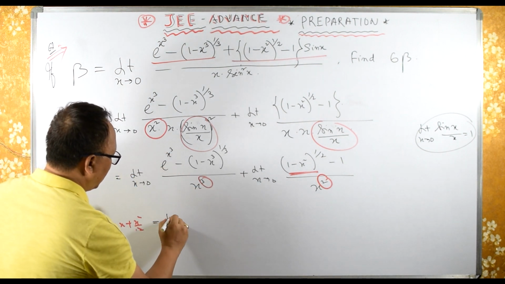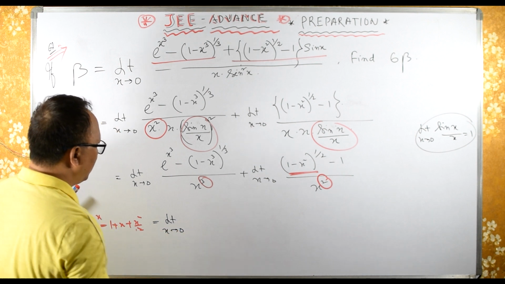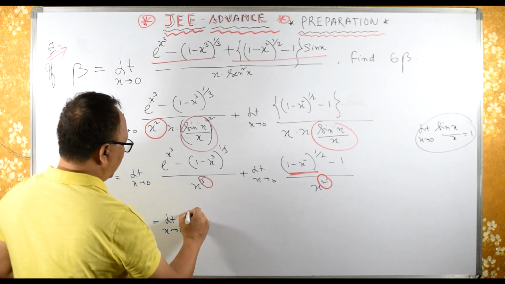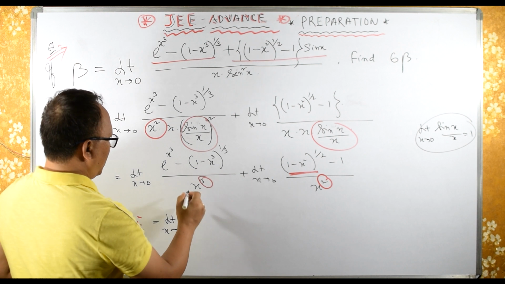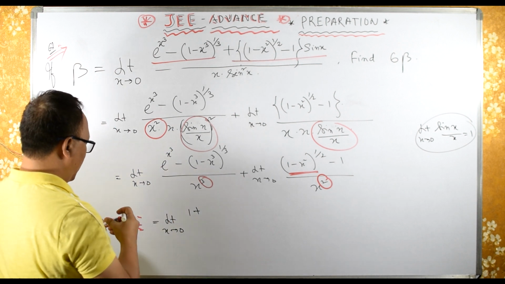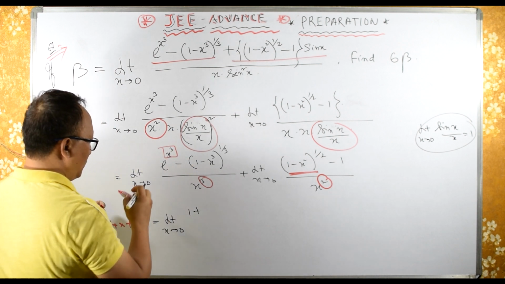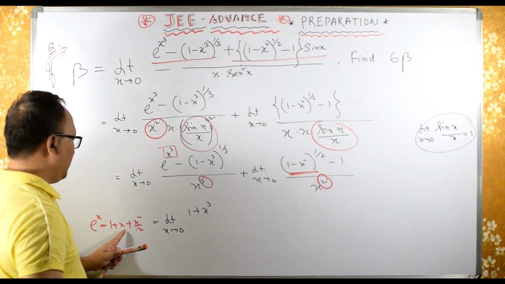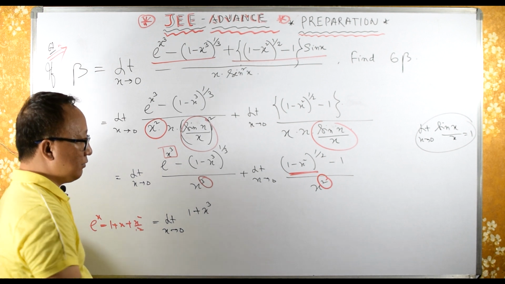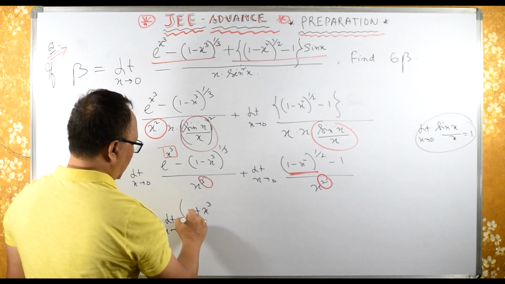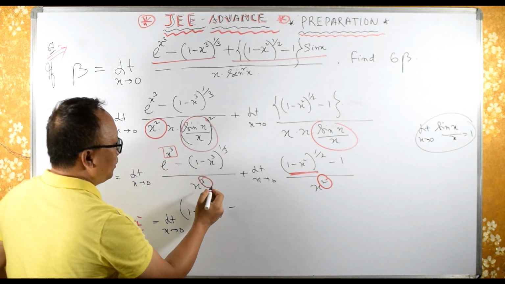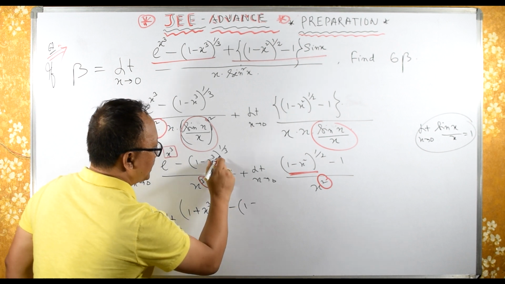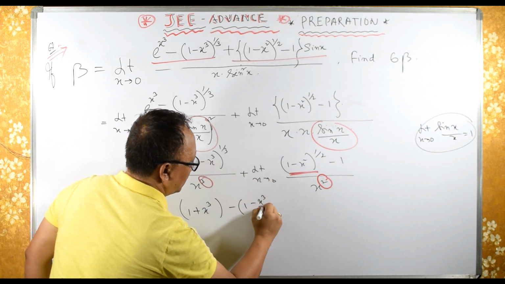This is the same as limit of x tends to 0 of 1 plus x cube. Then higher powers we are not going to write. Here, minus, here also 1 minus x cube upon 3.